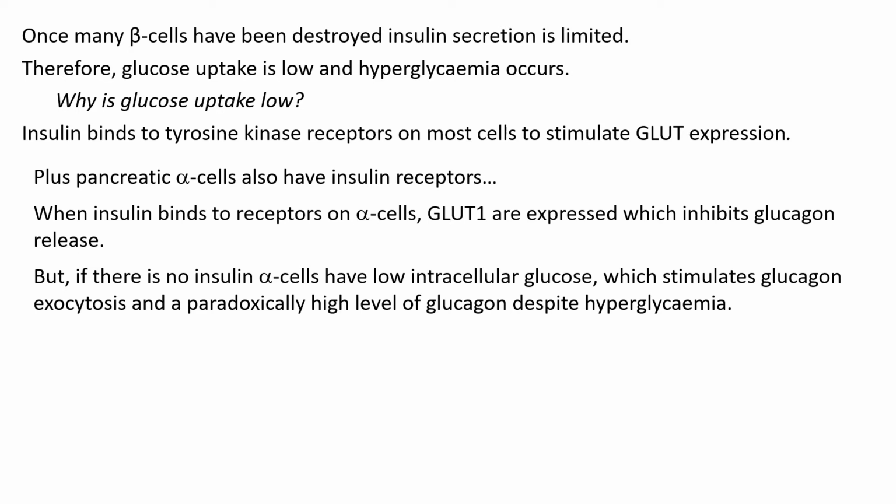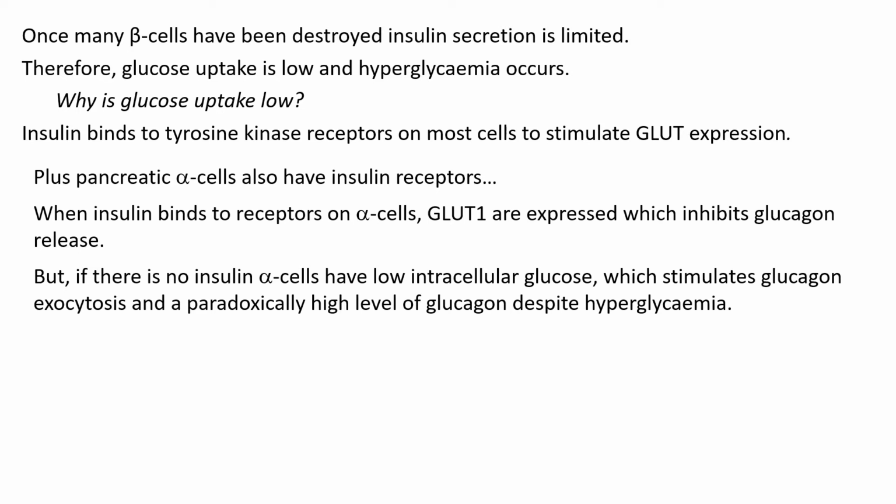This low ATP is going to, through those ATP-sensitive potassium channels, stimulate glucagon release by exocytosis. So the alpha cells think that the body is in a low glucose state because they're missing the GLUT. And consequently, they release glucagon.